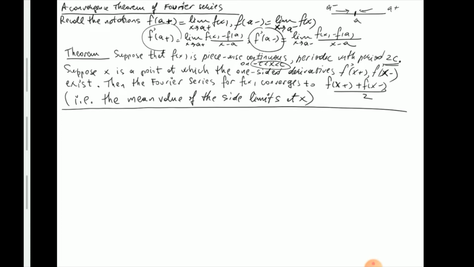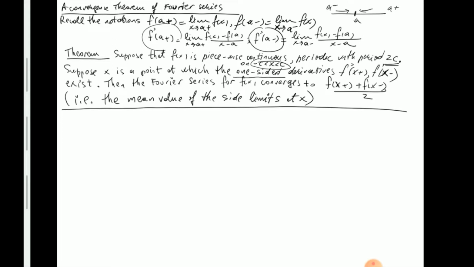You can start with a function between minus c and c, and then take the periodic extension, because the Fourier series represents not only the function but its periodic extension as well. And suppose there is a point at which the one-sided derivatives exist.